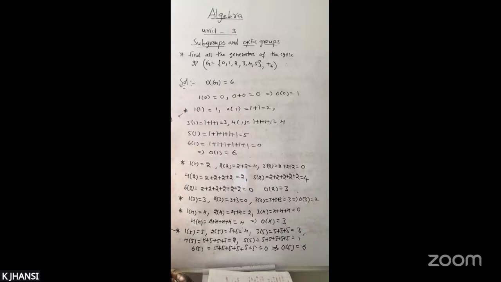So observing the orders of all the elements of G, we find the order of 1 is equal to the order of 5 is equal to 6, which is equal to the order of G. Therefore, G is generated by 1 and 5.